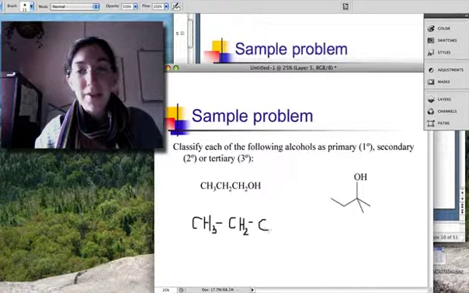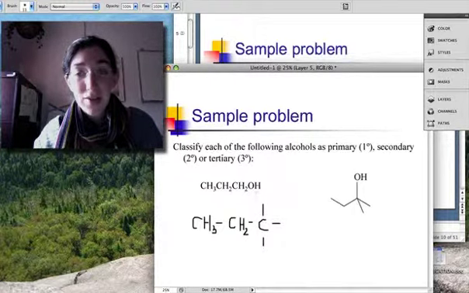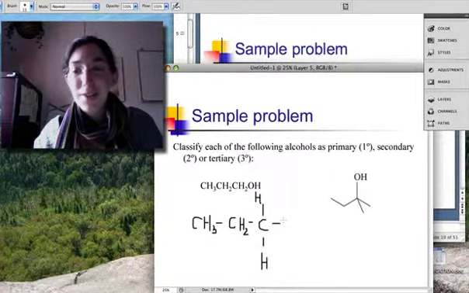and then I'm going to draw the alcoholic carbon, okay, there's three things attached to it. Two are hydrogens, CH2, so we'll draw a hydrogen here and a hydrogen here. So this is a sort of condensed Lewis structure. And then there's also an alcohol group attached to it, so here's our oxygen and our hydrogen.